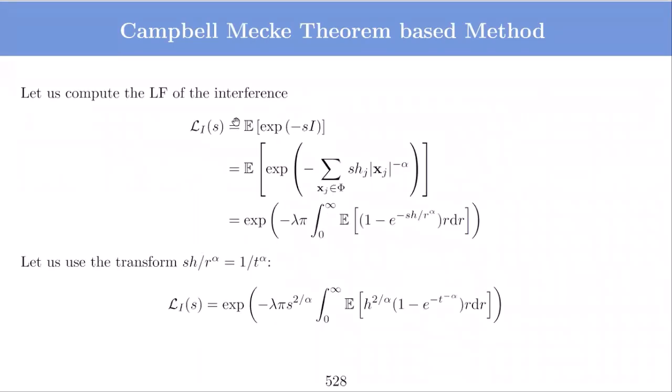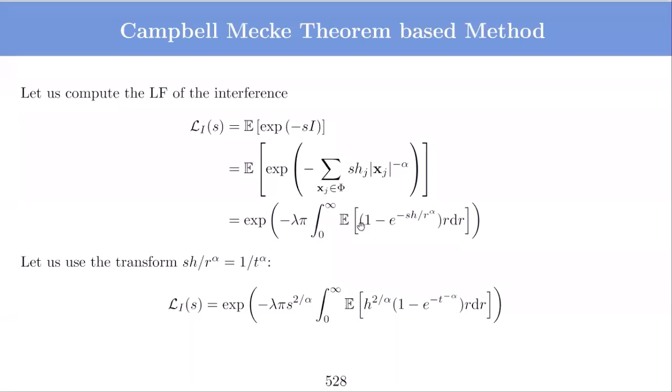The Laplace transform of interference is given by e to the minus sI, which is given by the summation of h_j x_j to the power minus alpha, and there is no exclusion region, so it includes all points. I can now apply the PGFL of the PPP, or the Laplace functional of the PPP, to get this one.